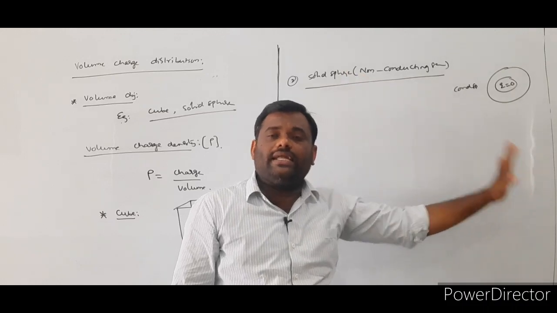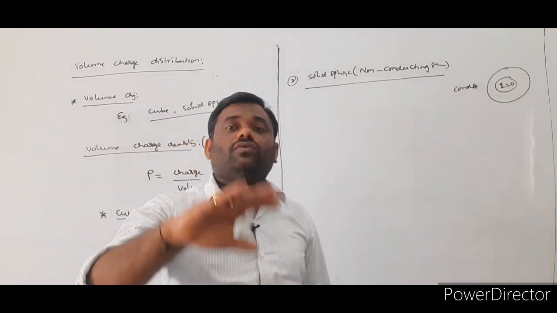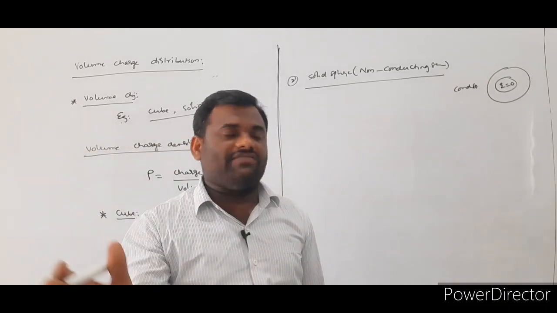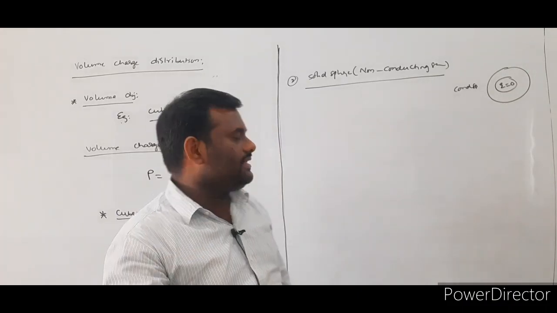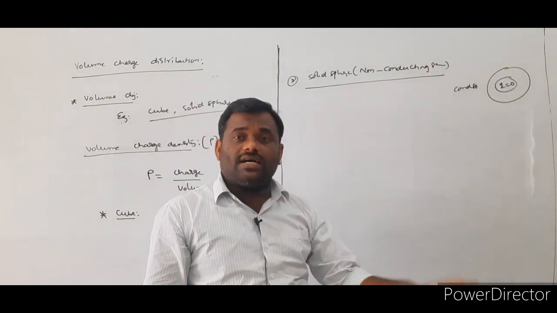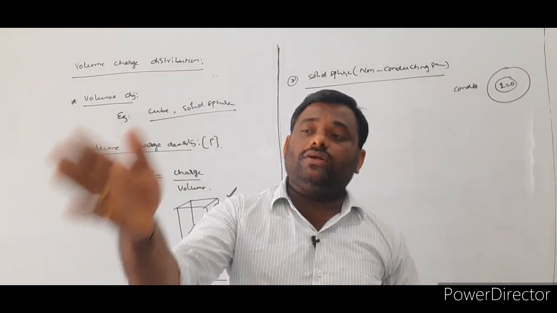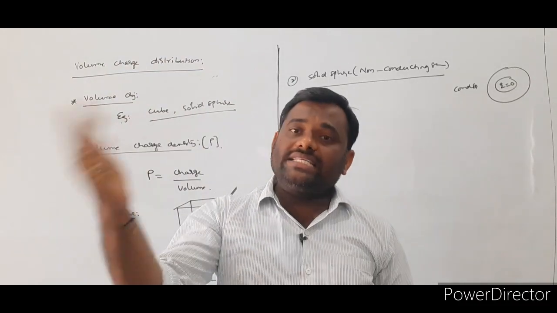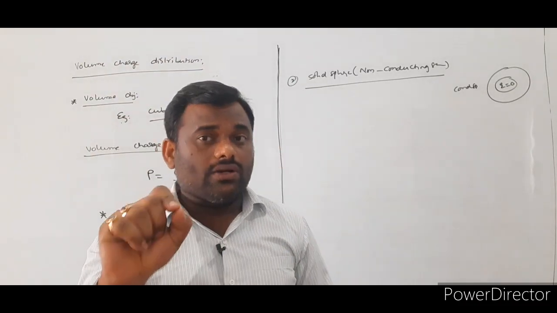In the conducting sphere, the entire charge is uniformly distributed over the surface, and inside there is no charge. But in the non-conducting sphere, the charge is present over the surface as well as inside.